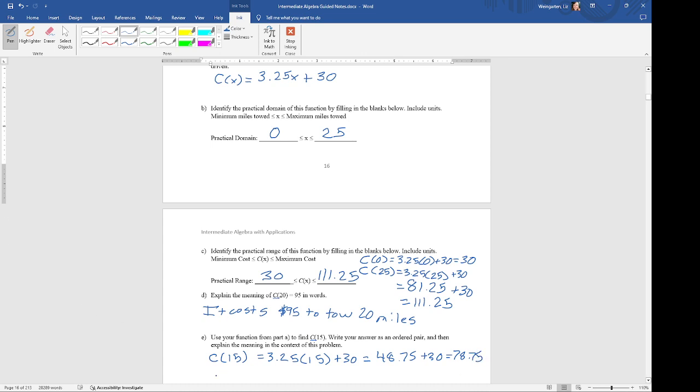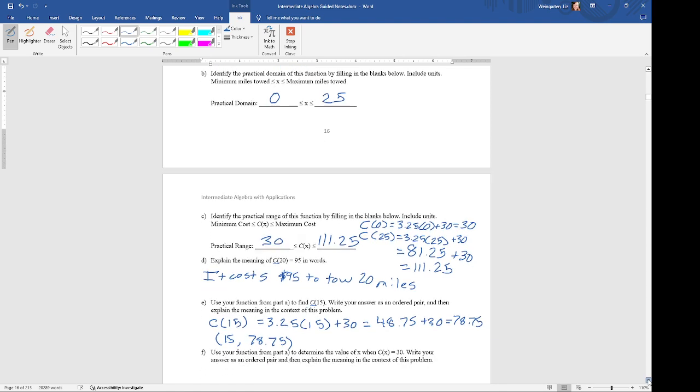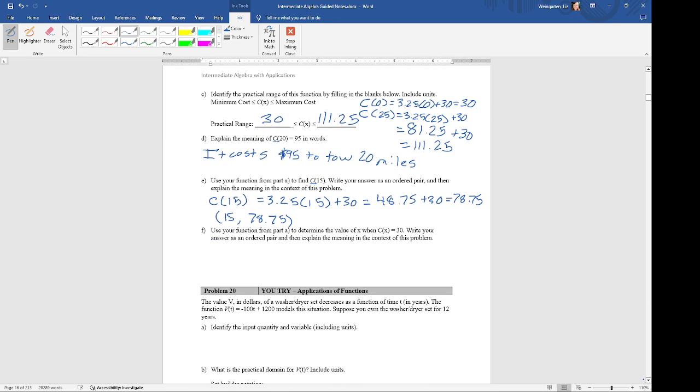As an ordered pair, our input was 15, our output was 78.75. Finally, we need to write a sentence to describe what this means. It costs $78.75 to tow 15 miles.